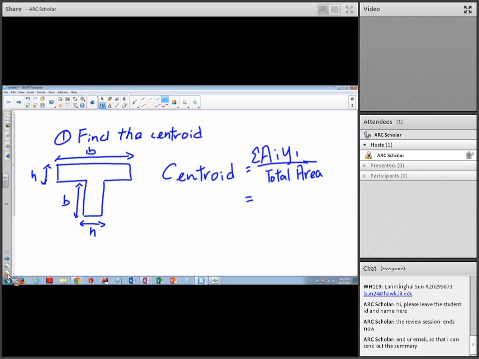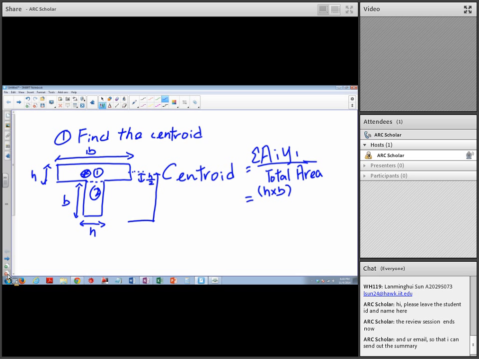For this shape, we can cut this into two parts, part 1 and part 2. For part 1, the A is just h times b, and the y is the distance from the bottom to the center of this part, which is the middle.